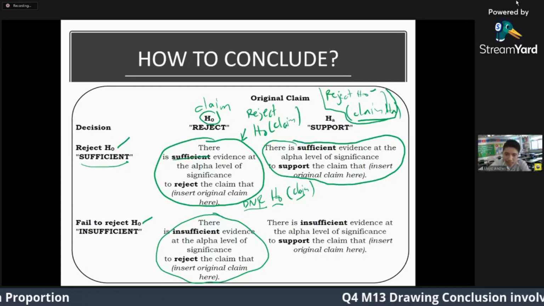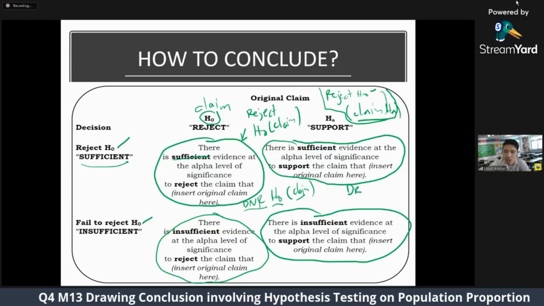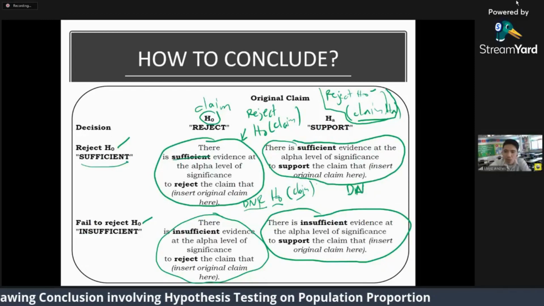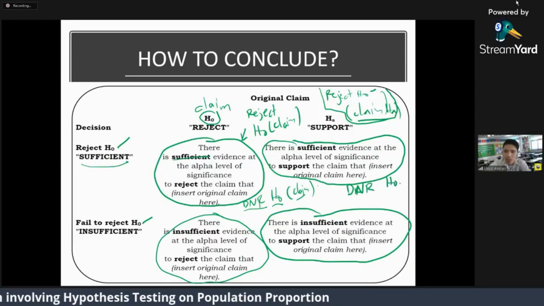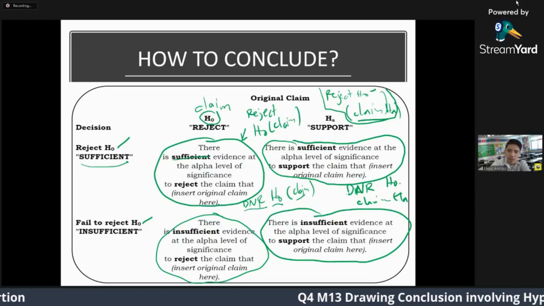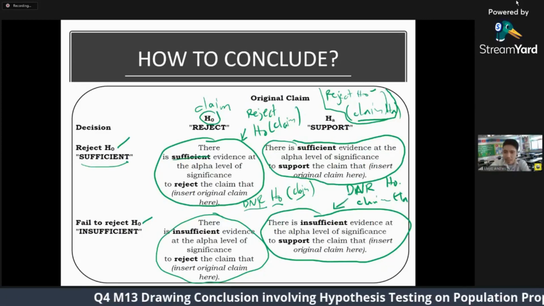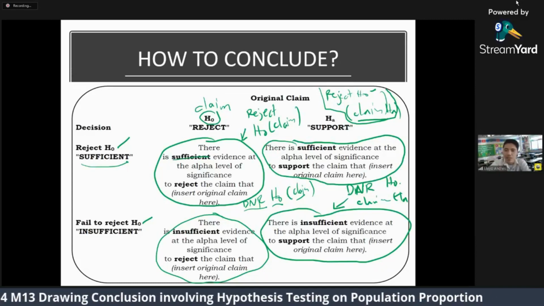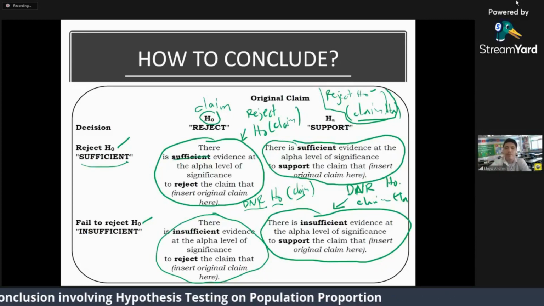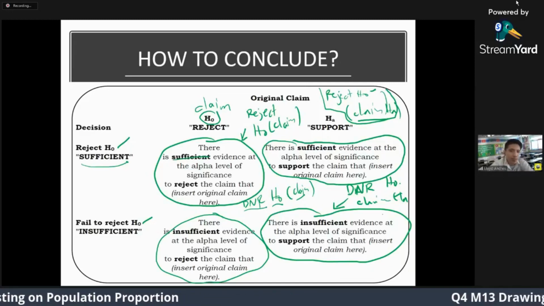And lastly, ang scenario ani is do not reject imuhang conclusion, pero ang claim nimo is HA. So, kanipod ang format. There is insufficient evidence at alpha equals to blank to support the claim. So, nato pag-conclude properly, kumbaga.